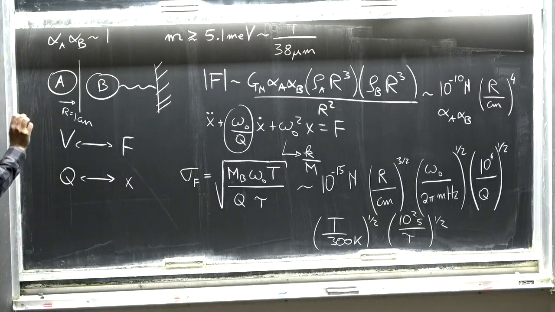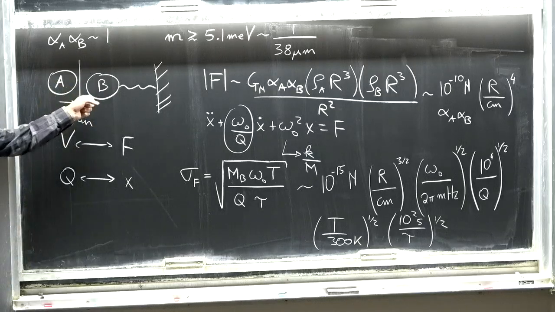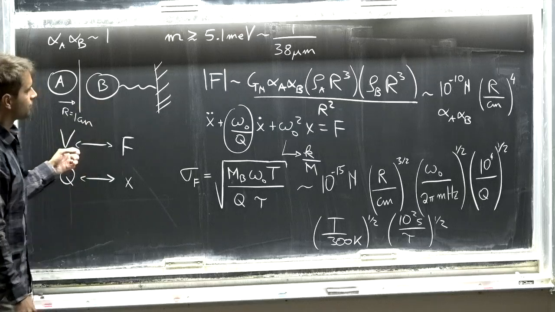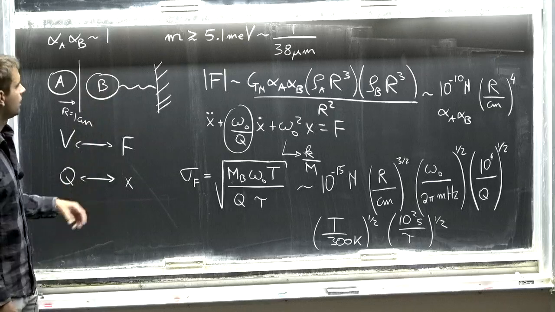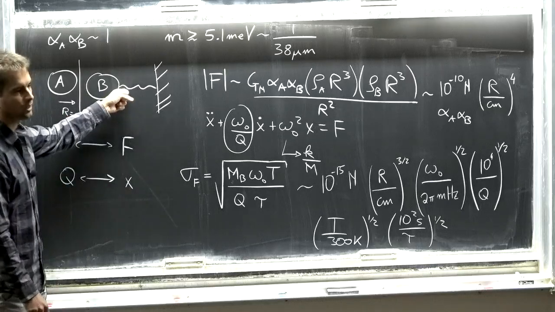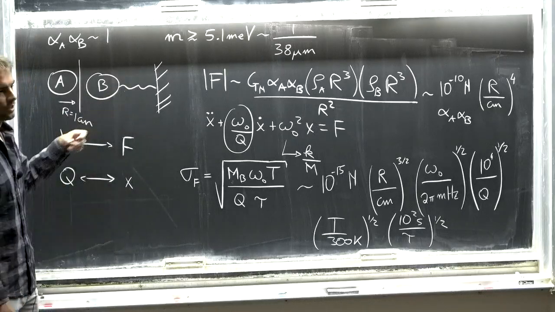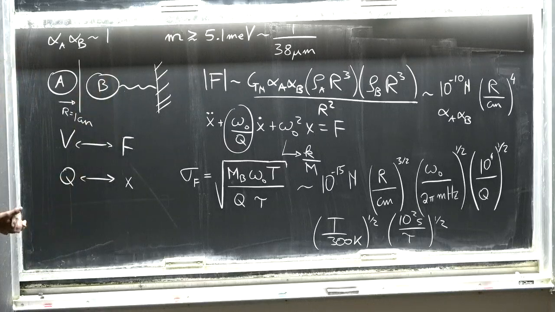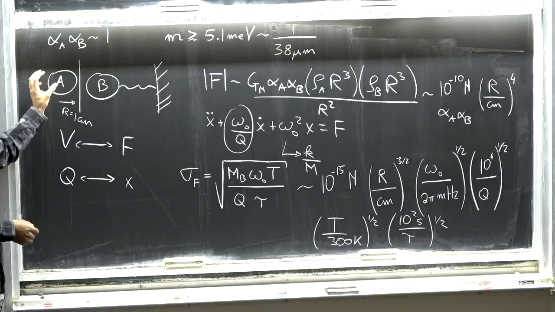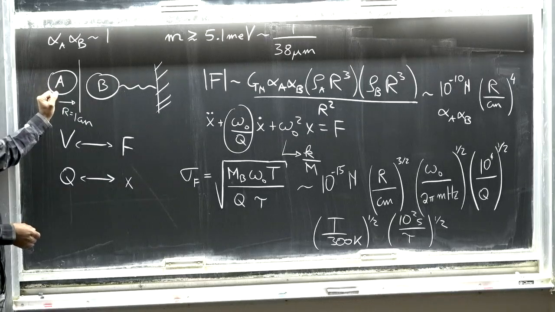What I do is I introduce time dependence in my system by hand. I can move this ball A sideways, away from this ball here, and that will drive my harmonic oscillator. Ideally, you want to do it at the natural resonance frequency of your oscillator to excite it and have a larger amplitude.